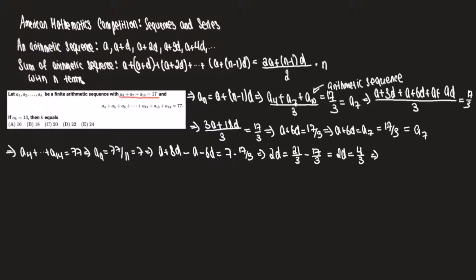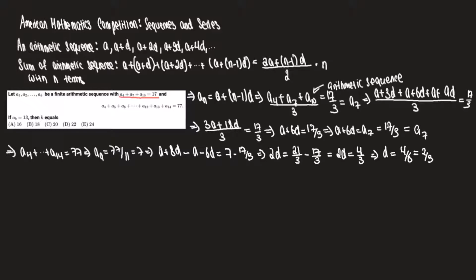And then what we can do here is divide both sides by 2, which is multiplying by the reciprocal, which means that D equals 4 sixths, and we can simplify that. That's 2 thirds. So D equals 2 thirds.